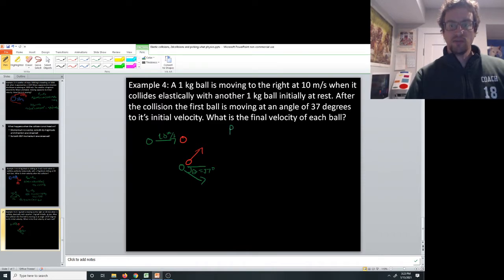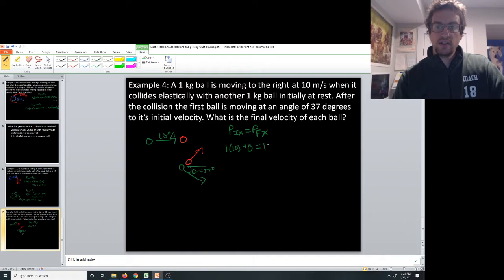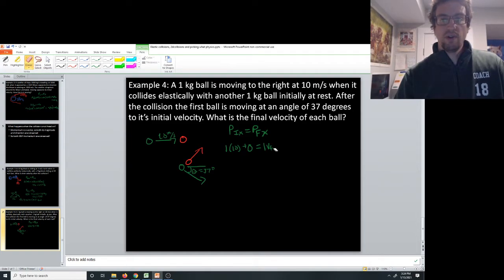So in this case, it's momentum initial x equals momentum final x. Initial y is definitely not what I want there. Okay, so how would I do that? Well, I've got 1 times 10 plus, the red ball is not moving, so 0, is equal to 1 times v final, or I actually won't use final because we know we're dealing with finals here.